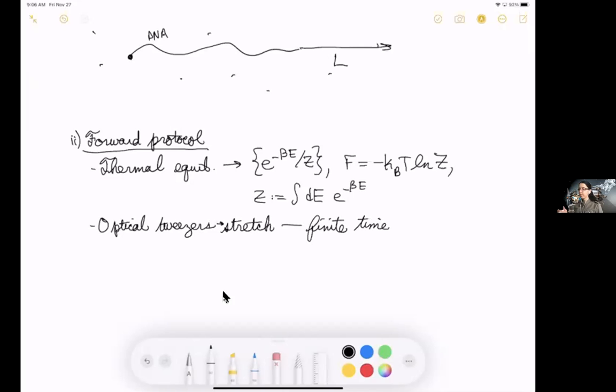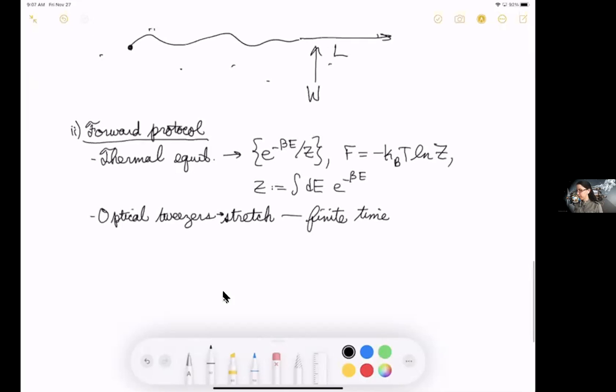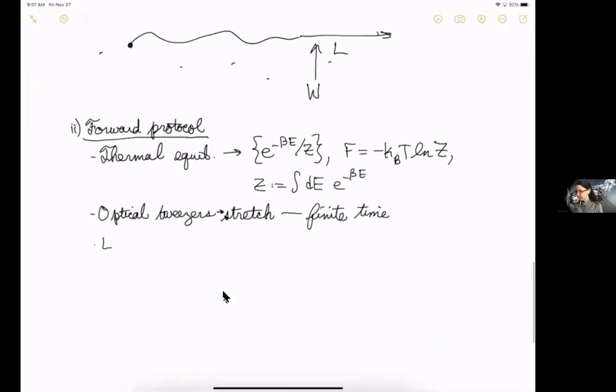And stretching the strand requires some amount of work to be invested. Let's call it W. So this work changes the DNA's classical Hamiltonian from energies. So instead of energies E, we'll now talk about energies E prime.